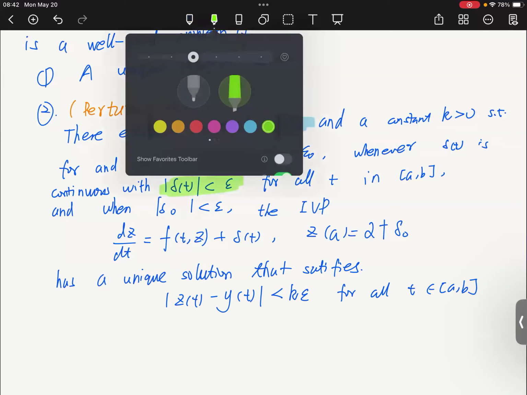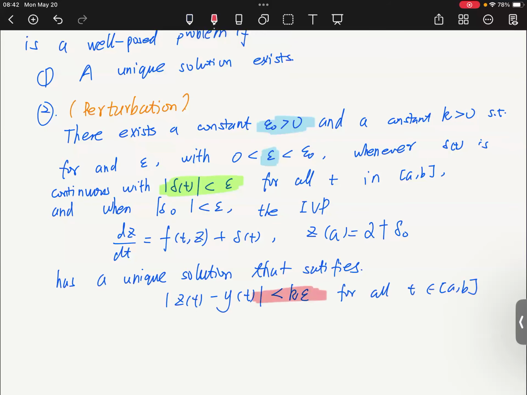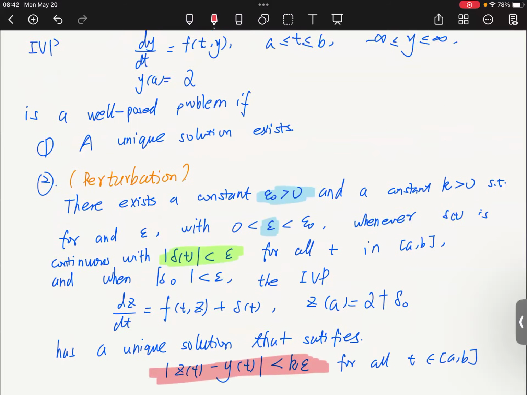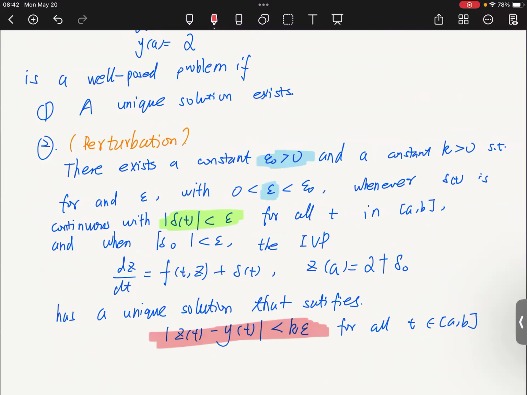So this is very obvious, we just translate the words into mathematical format. In a word, if we have small perturbations in the source term and small perturbations in the initial value, then we have a small error or small perturbation in the solution of the perturbed problem.